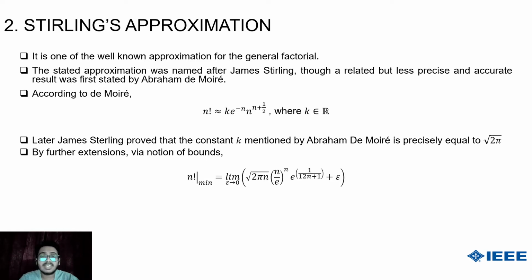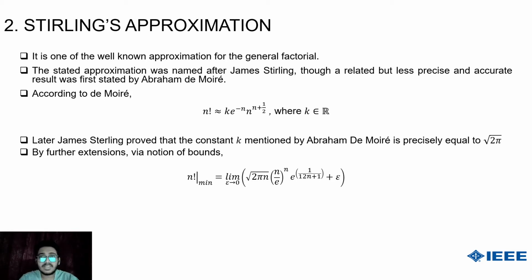He stated that the general factorial will be approximately equal to k times e raised to the power of minus n, n upon e raised to the power of n plus half, where k will be some kind of real value. Later on, James Stirling proved that the value k in De Moivre's formula is precisely equal to square root of 2 pi.